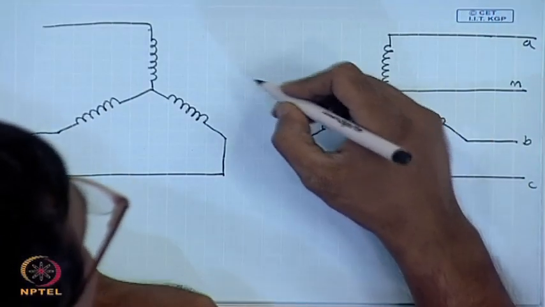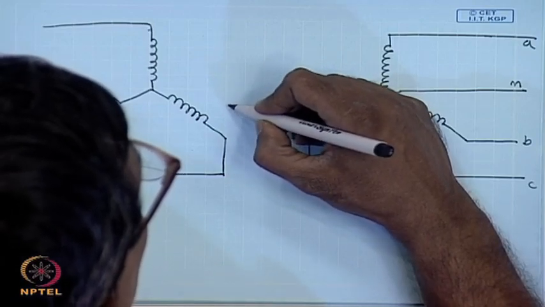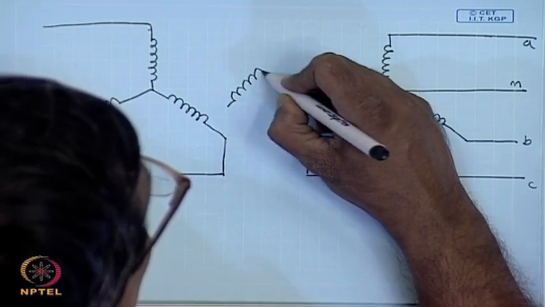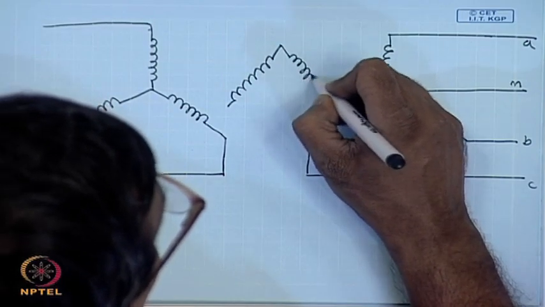This can be done by a delta connected winding, a third delta connected winding.